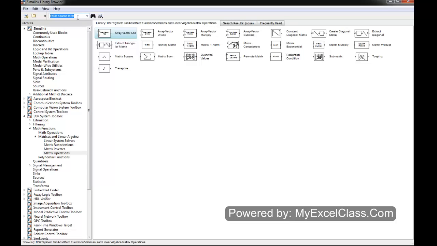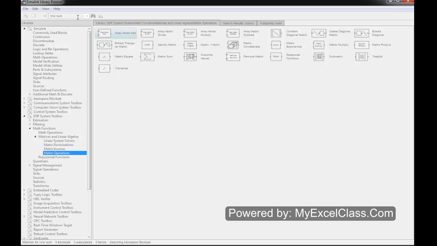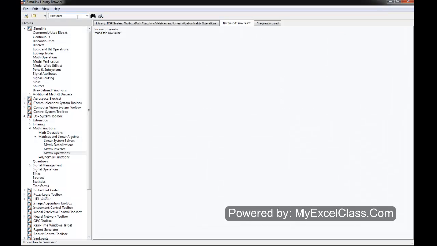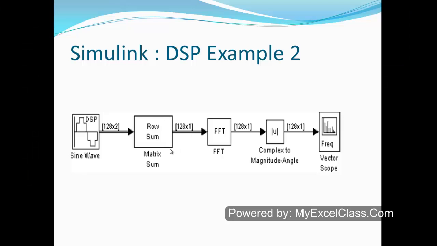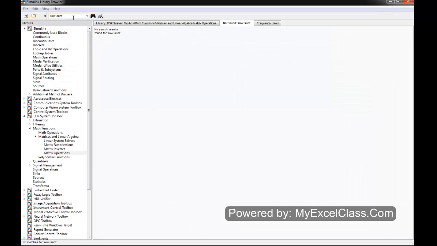You can always write it over here, sum. Okay, sorry, it's called matrix sum.